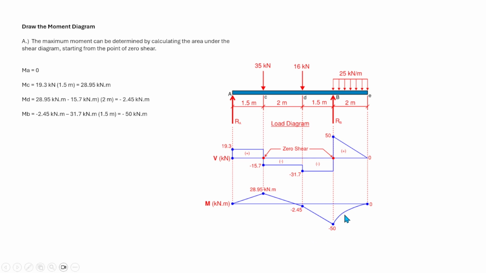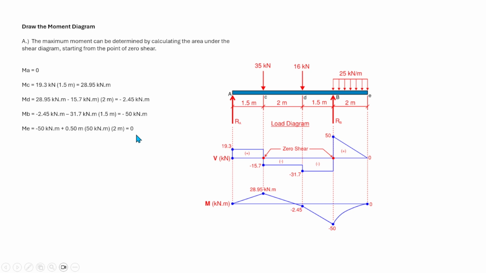The moment at point E is obviously 0 because there's no moment at that point. So negative 50 kilonewton meter plus 0.5 times 50 times 2, the area of the triangle, is equal to 0. That is the moment at this point, 0.